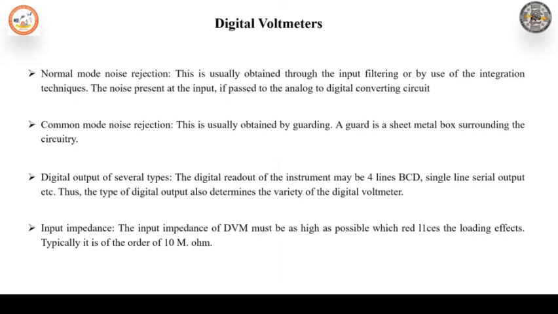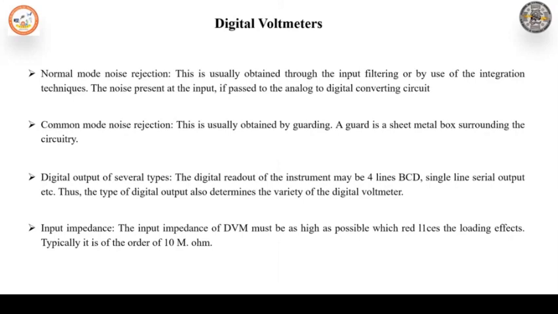The next performance parameter is digital output of several types. The digital readout of the instrument may be 4-line BCD, single line serial output, etc. Thus, the type of digital output also determines the variety of the digital voltmeter.